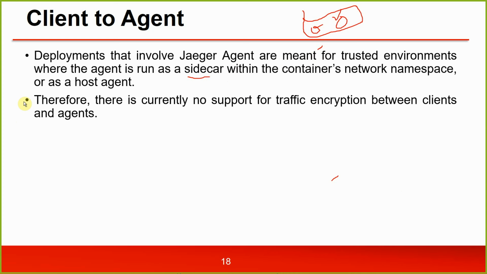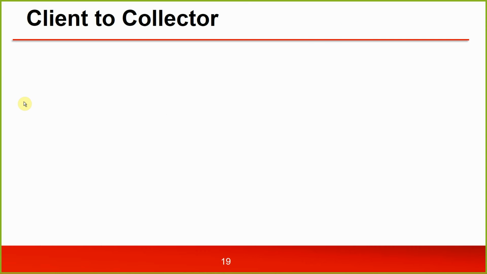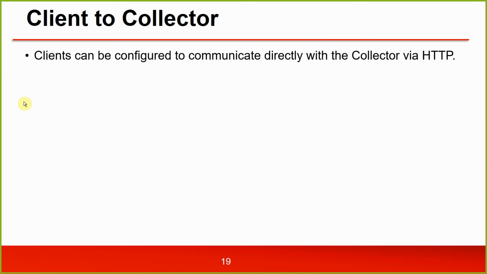Therefore, there is currently no support for traffic encryption between the client and the agents. So if I ask you, simply sending trace data over UDP, no TLS, no authentication, so not supported. Retrieving sampling configuration via HTTP, no TLS, no authentication, not supported. Client to collector.